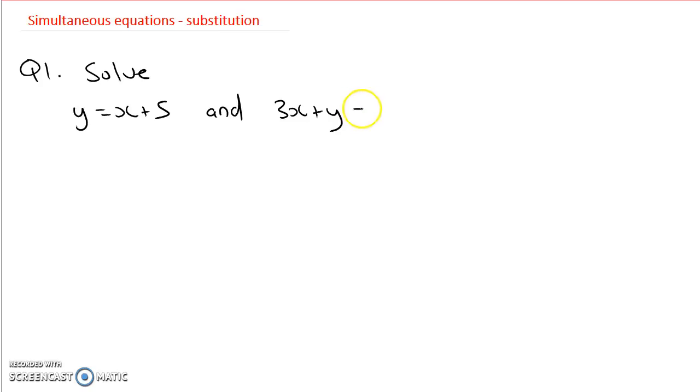So, let's solve y equals x plus 5 and 3x plus y equals 13.